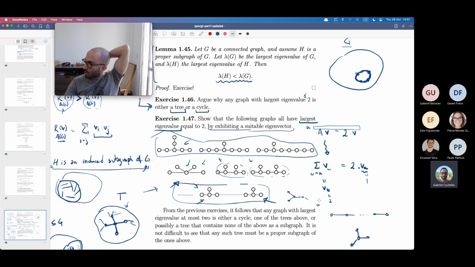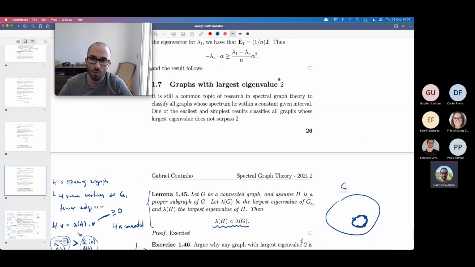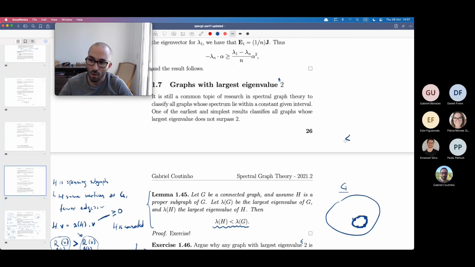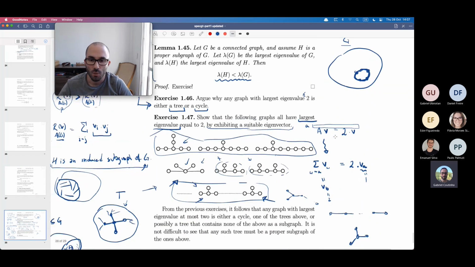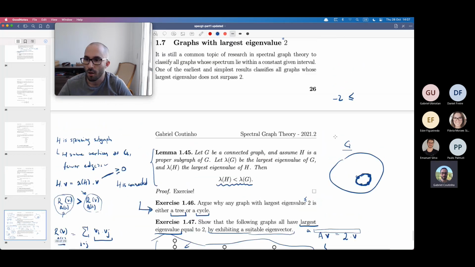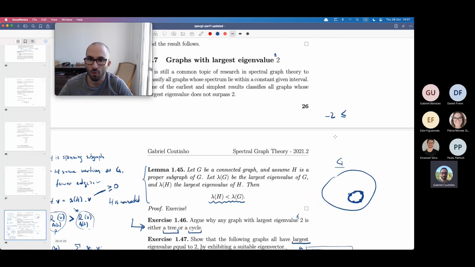Now, it's also a famous theorem, which I will not delve into, a full characterization of the graphs whose smallest eigenvalue is -2, and it's in fact a field of research in spectral graph theory. Any attempt to characterize all graphs with the largest eigenvalue or smallest eigenvalue bigger than something smaller than 2 or smaller than something bigger than 2 is not easy.